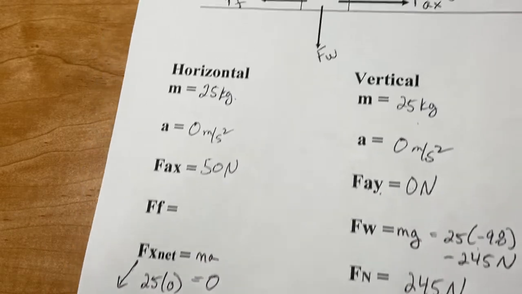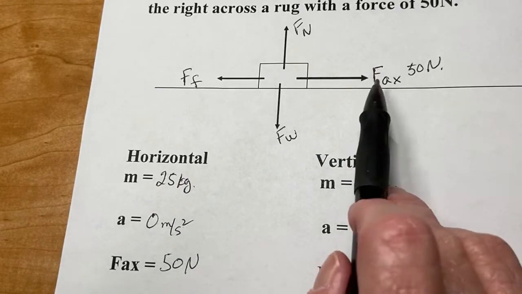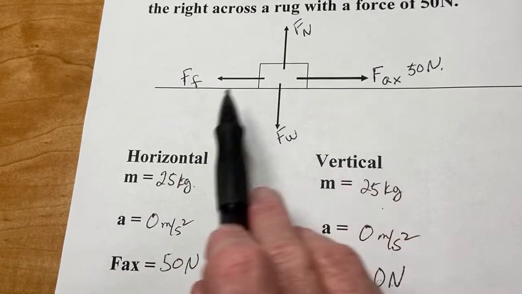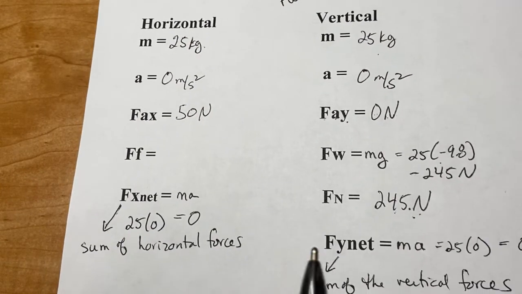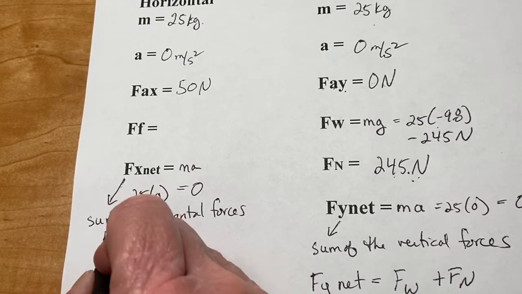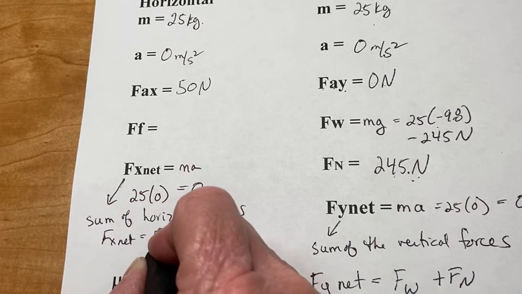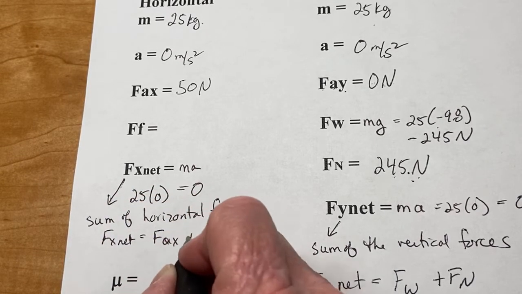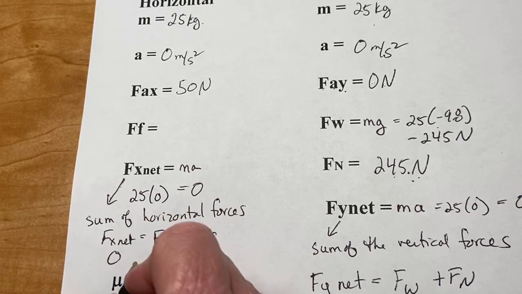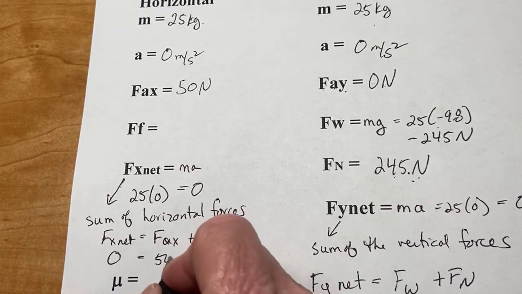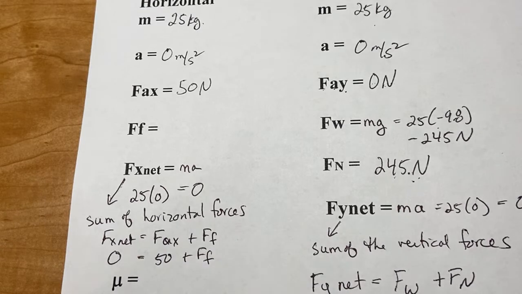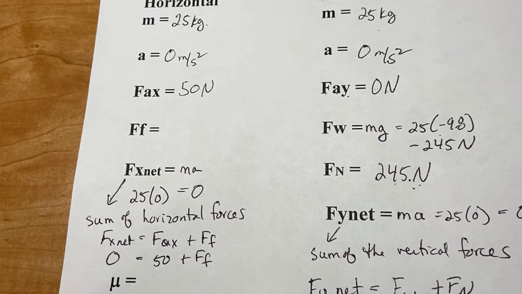So what's in the picture that's horizontal? Fax and Ff. So those two have to add together. So in this case, Fx net equals Fax plus Ff. So 0 equals 50 plus Ff. This is how we find the friction force. And obviously 50 plus negative 50.